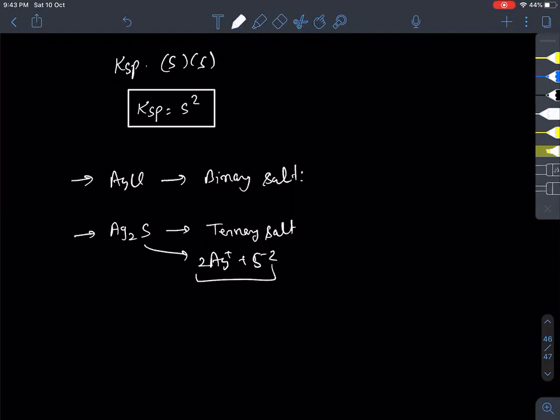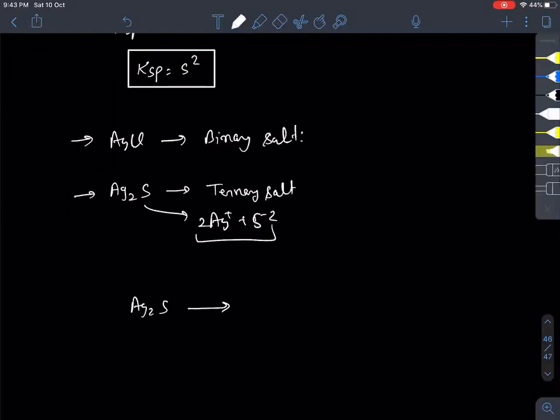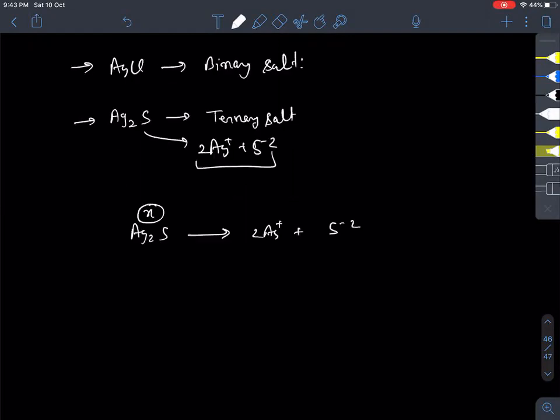Now, how to derive this for the ternary? For example, let us consider this. Suppose the solubility is S, or X is the solubility, then it will be 2X and X. Then again Ksp will be, this time, [Ag+] whole square into [S2-].